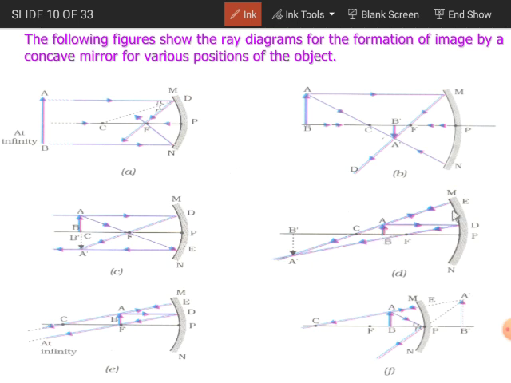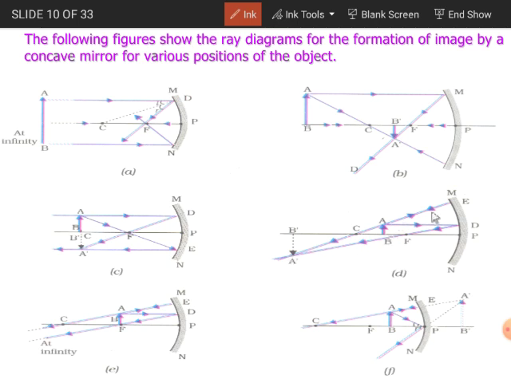Naturally, if this is an incident ray, then this is the normal. A light ray incident onto this mirror such that it is normal to the mirror, I mean the incident ray is normal to the plane of the mirror here. Got it? The reflected ray will come out along the same path but in the opposite direction, and it will meet somewhere here. Got it?